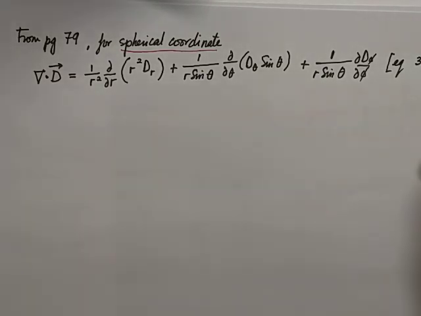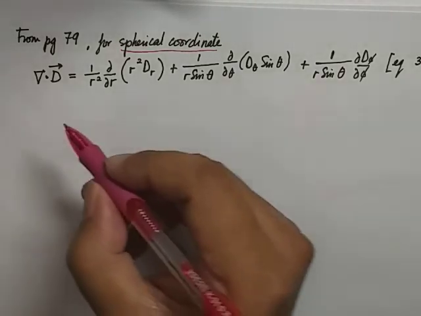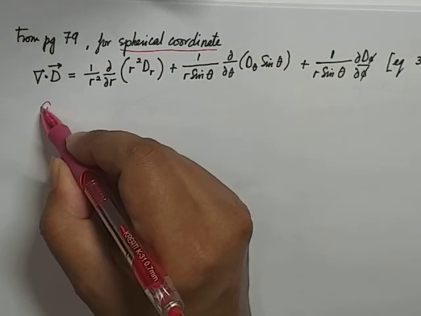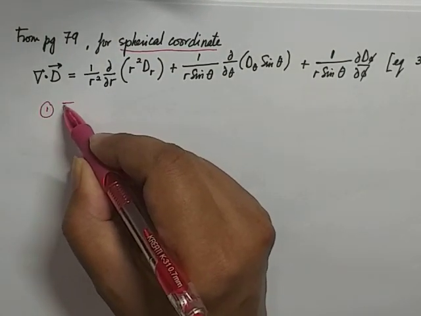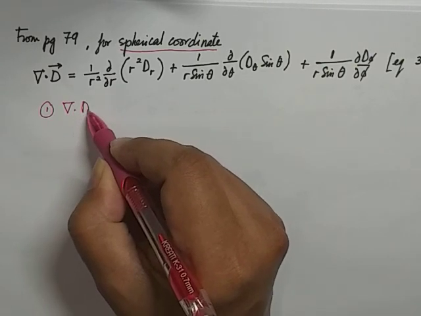So we must use this to define the divergence model for the field. The first one we want to do is the divergence of D1.